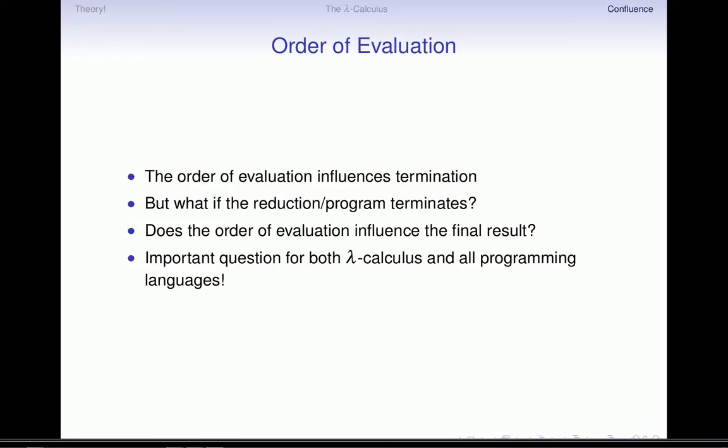Do I get different results if I evaluate certain lambdas first? Because in the example before, I either got a result or I got non-termination. Now, let's see if I can get two different results.